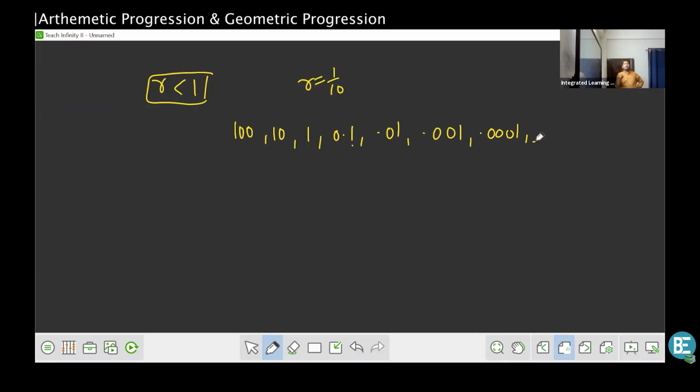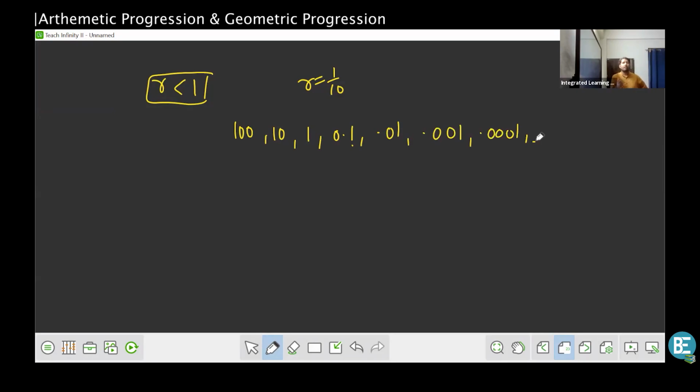Now think, after 10, 20, 30, 40, 100 terms, the numbers will be so small that they will be negligible. So almost zero. If there are hundreds of zeros after the decimal, then there is a 1, so that number is very, very small.